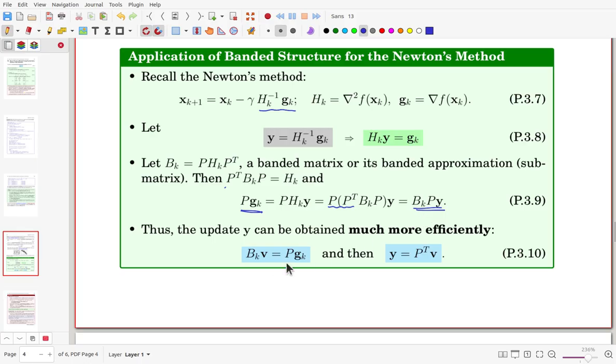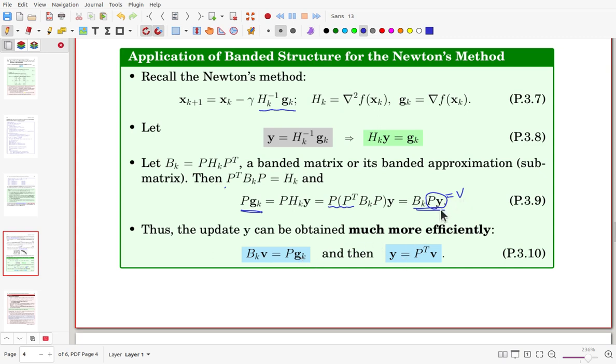Start with B, and now this portion is the same as v. So Bv = Pg. Once we know this P, then after changing the order of the right side, by solving this banded matrix, we can get v, and from v we can get y quite easily.